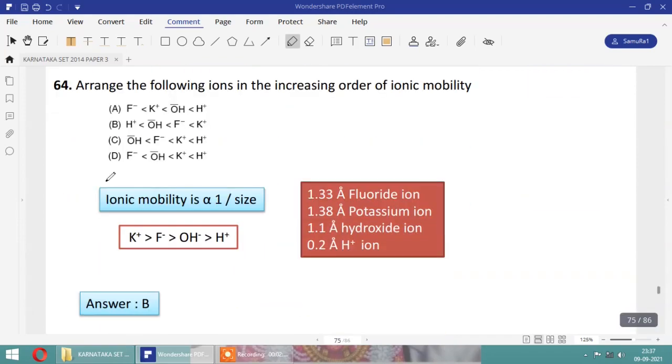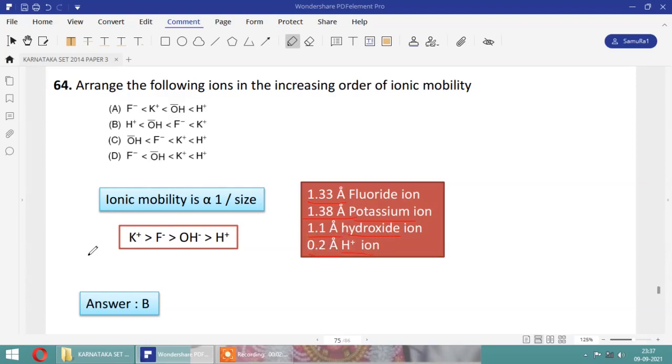Arrange the following ions in increasing order of ionic mobility. Here you see these ionic radius values. Fluoride ion is 1.33 Å. Potassium is 1.38. For hydroxide ion 1.1. For H plus ion is 0.2.